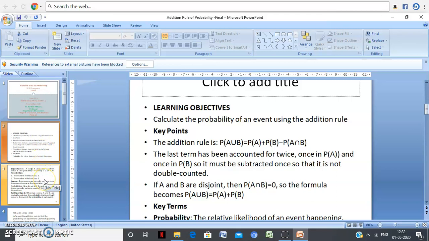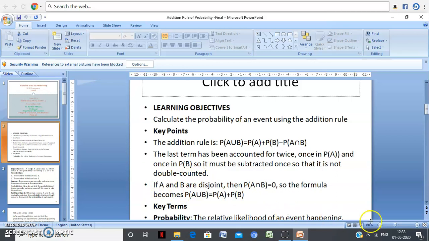The key points are: the addition rule is probability of A union B equals probability of A plus probability of B minus probability of A intersection B. The last term has been accounted for twice, once in probability of A and once in probability of B, so it must be subtracted once so that it is not double counted.